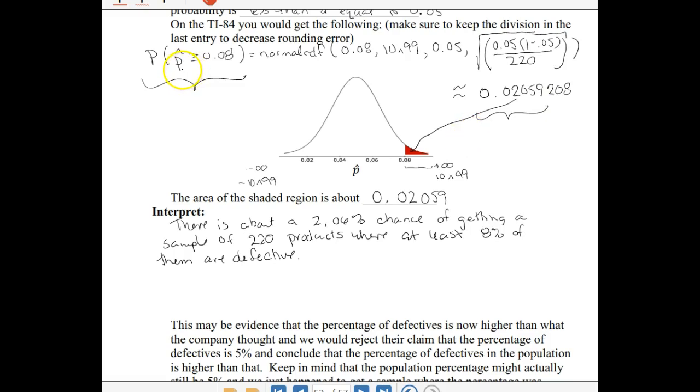That p-hat, remember, is the proportion of defectives in those 220 that we tested, and we were testing to see if that was at least 8%. So this probability is less than or equal to 5%.